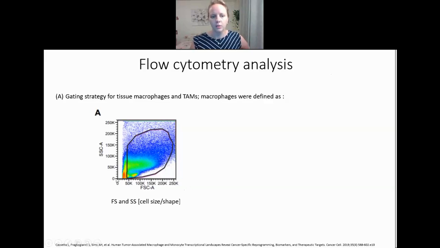I took this from a paper where they demonstrated their gating strategy to identify macrophages and specifically tumor-associated macrophages.